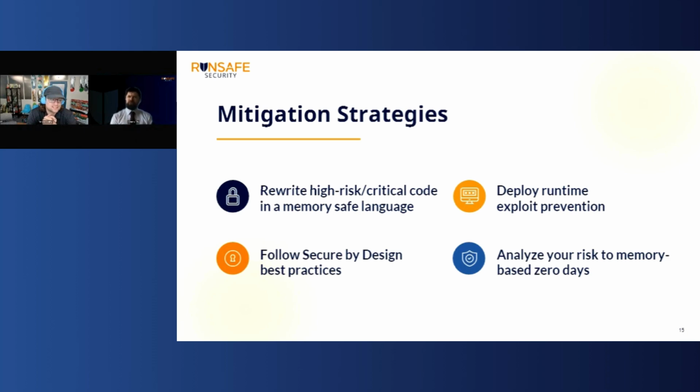There's a lot of talk about rewriting everything, but really, there's probably identifiable bits and pieces of software or devices that are most often interacting with untrusted data. And if you just rewrite those pieces in memory safe languages, that can get you good value while reducing your exposure to memory safety.